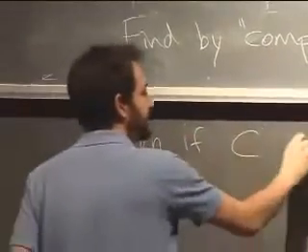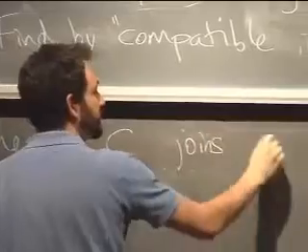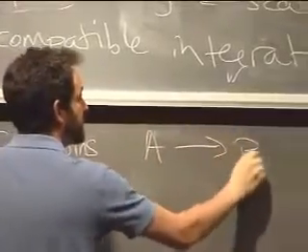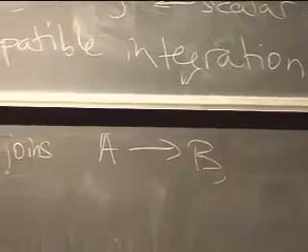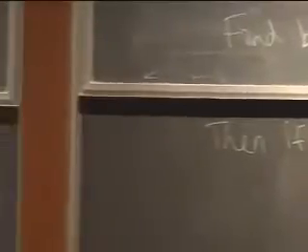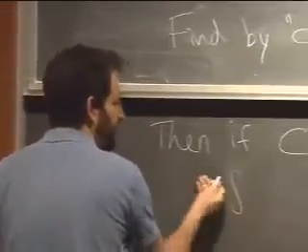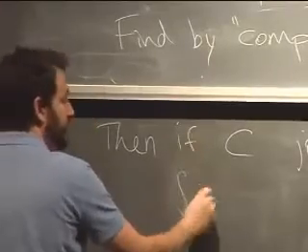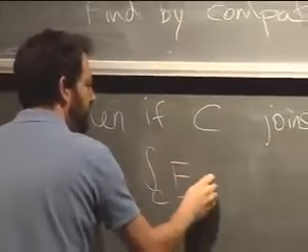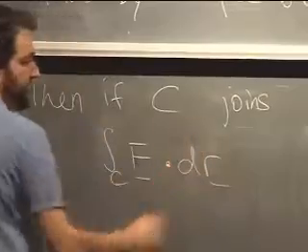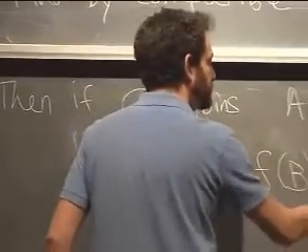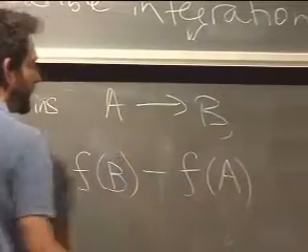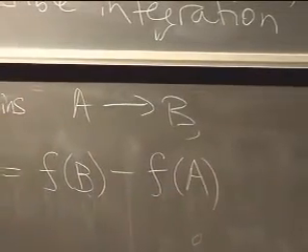Then if C joins the points A to B, so C is a curve joining the points A to B, then we have this lovely formula for the integral of F dot dr, which is just the potential at the end minus the potential at the beginning.